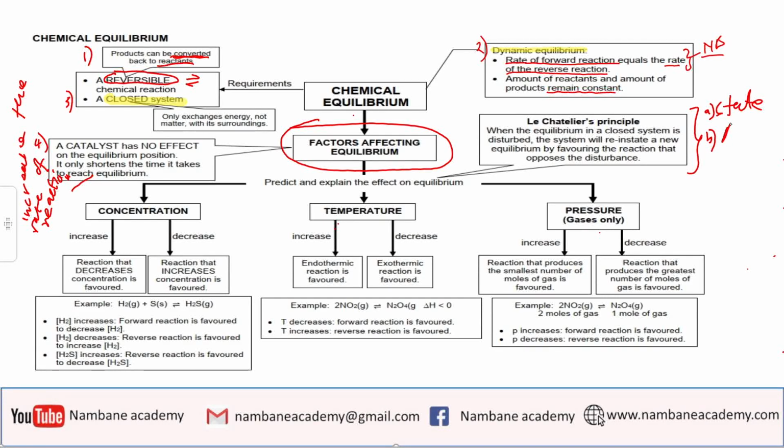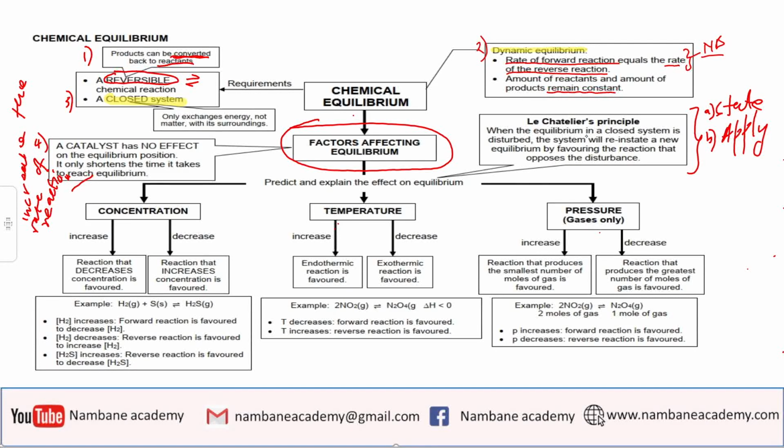So we must be able to state and apply. But that will come later, when we are expected to use Le Chatelier's principle, because the examiner is going to say: use Le Chatelier's principle to explain the shift in equilibrium.